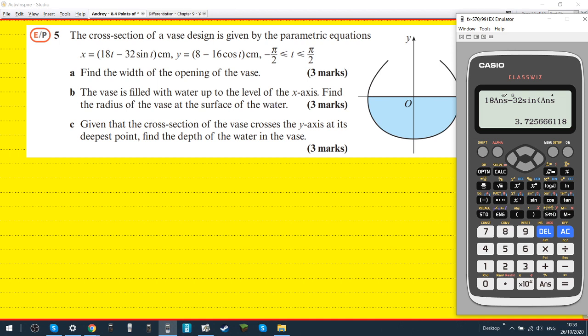Yeah, that's what I got as well. For which one? Negative?